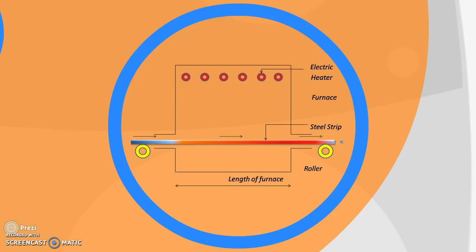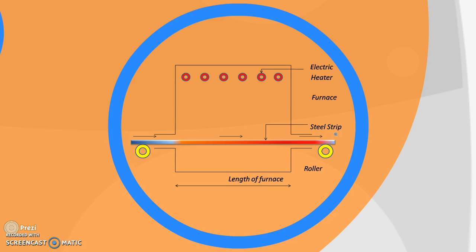For this there can again be two different ways. Let us say the length of the furnace is fixed, and I want the exit temperature of this strip to be 700 degrees Celsius. In order to maintain this exit temperature of 700 degrees Celsius, I need to control its velocity. So the first problem is: what should be the velocity with which the strip should move, so that after traveling this length of the furnace, the strip will achieve a temperature of 700 degrees Celsius?